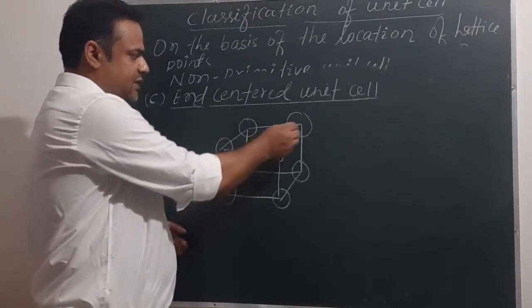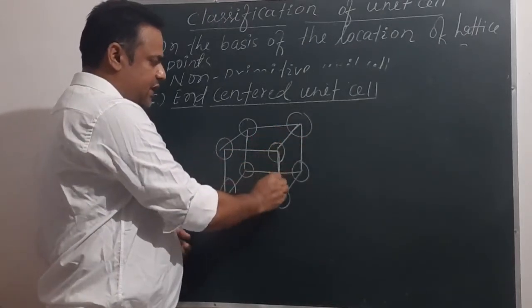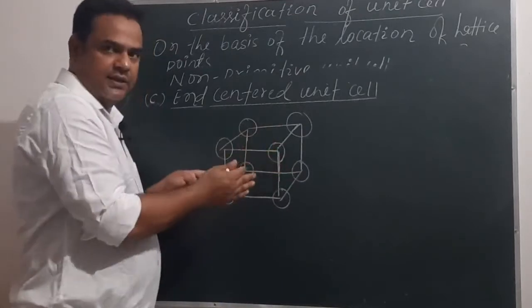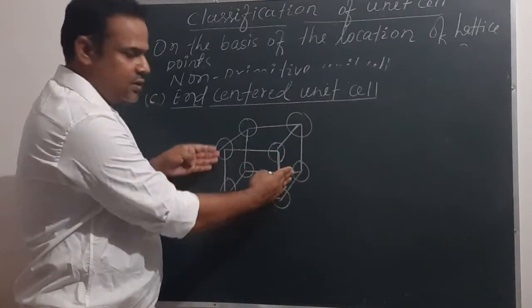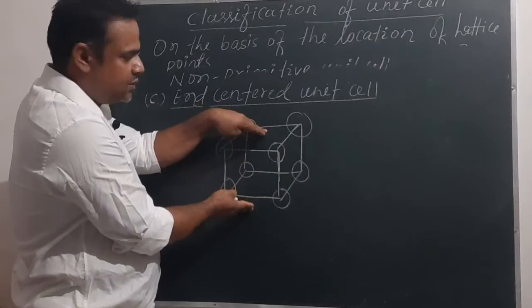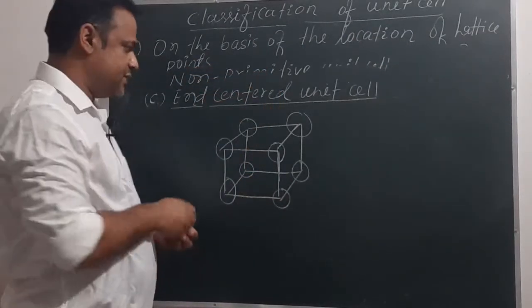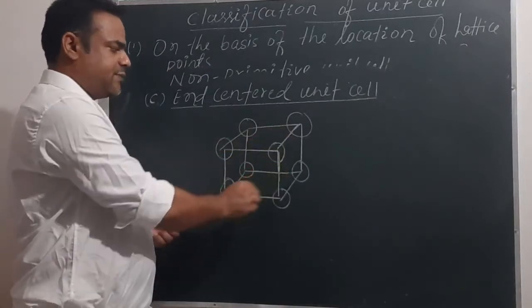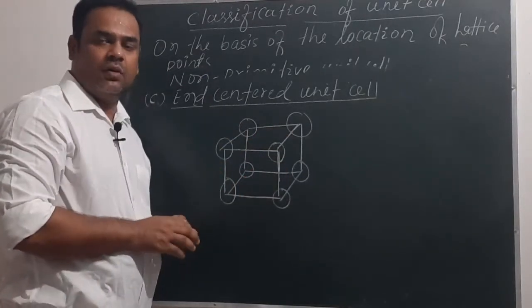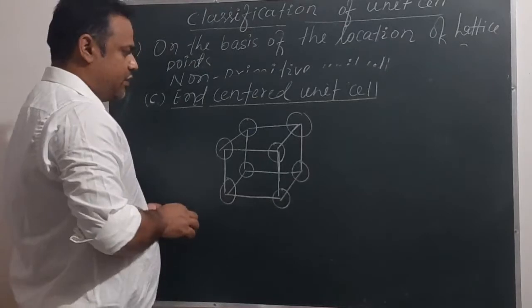For example, we can see a total of 6 faces in this unit cell. So we will take any 2 opposite faces, either this opposite face or this one or this one. We can take any 2 opposite faces. So constituent particles are present at corners as well as on any 2 opposite faces of the unit cell.